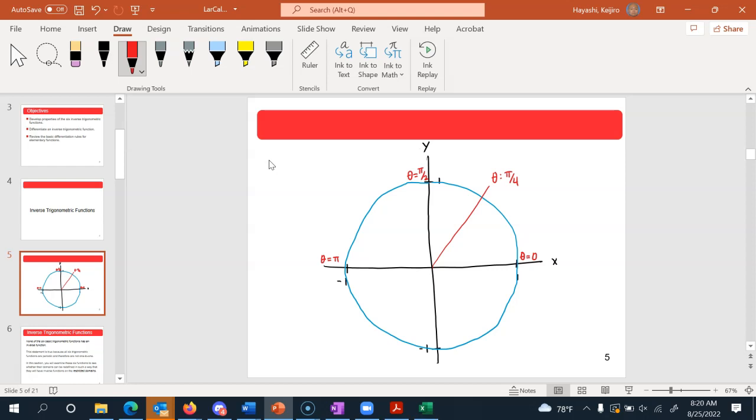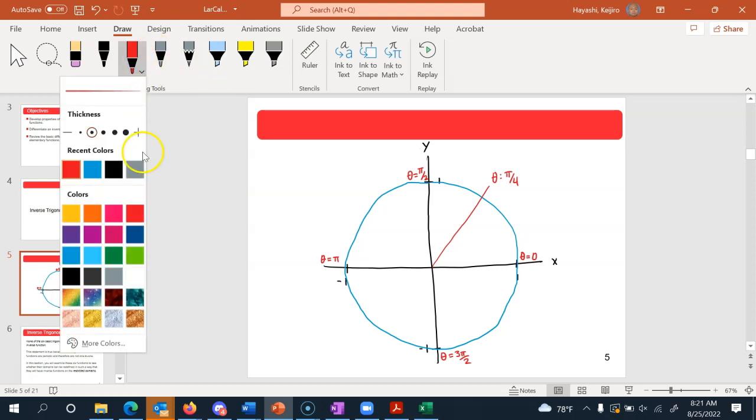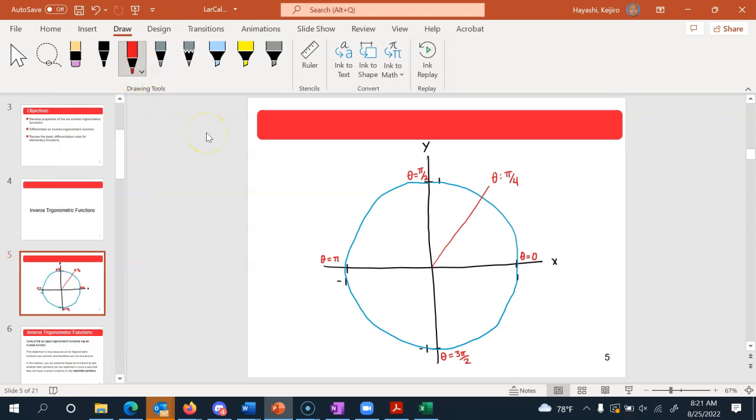Three-quarters of the way around must be 3 times that, because it's 3/4 of the way around. So that's 3 pi over 2. And there are all these angles in between, like pi over 4, pi over 3, 2 pi over 3. Here are just some random ones.